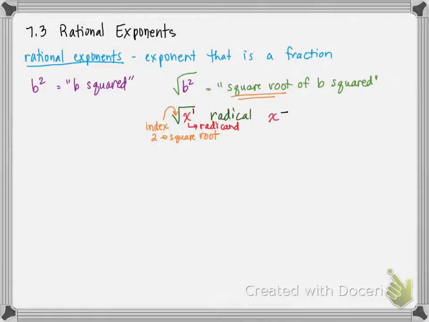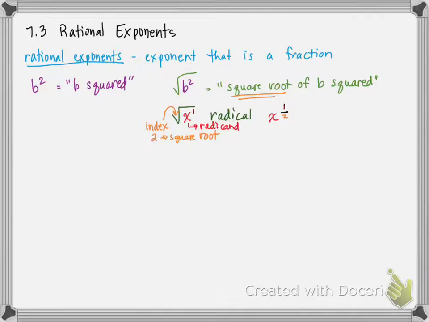We're going to take the exponent on the radicand, the x, and that's our numerator. We're going to take the index, or what kind of root we're taking, which we said was 2, and that's our denominator. So taking a square root is the same as taking a number to the half power.